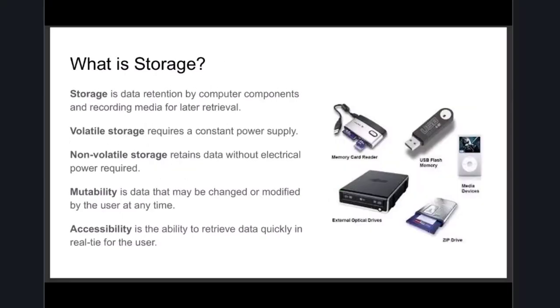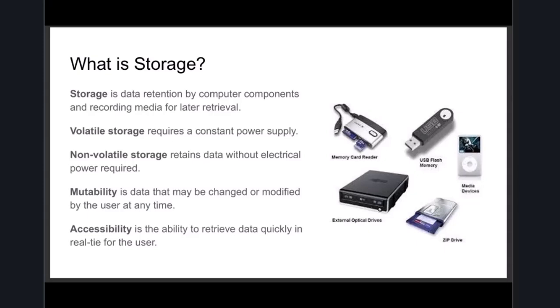Storage is when we are retaining our data for later retrieval. There are two types of storage, volatile and non-volatile. Volatile storage will require a constant and consistent power supply to access that data. The most common type of volatile storage will be your memory.